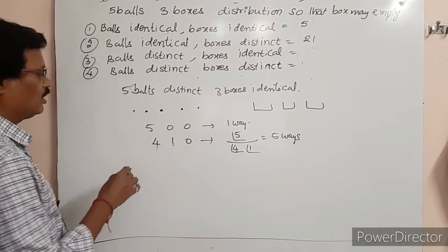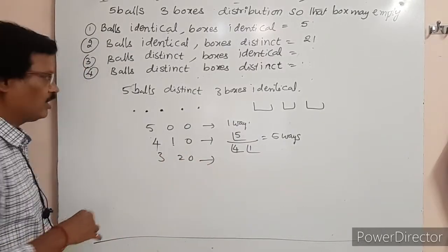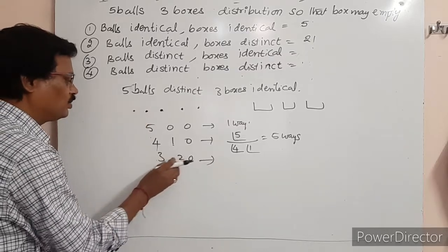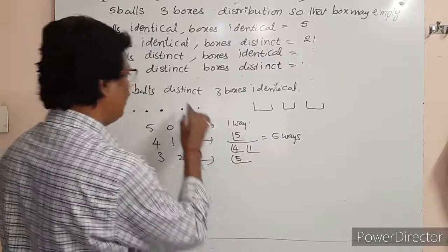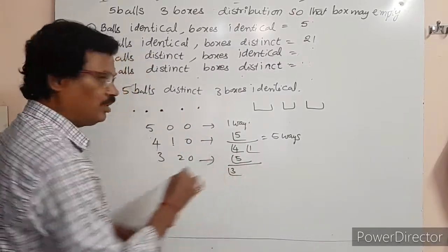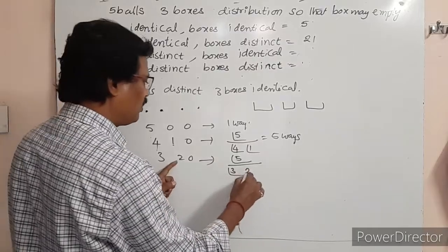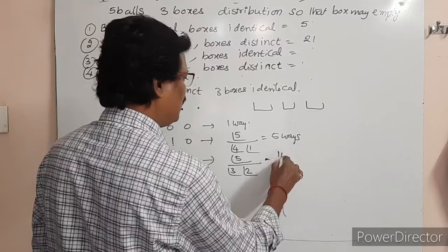And the next, this is 3, 2, 0. Right, 5 balls divided into 2 groups, 3 balls and 2 balls. That is 5 factorial, all 5 balls are distinct, 5 factorial by first group containing the 3 balls, second group containing the 2 balls. Okay, therefore this is 10 ways.